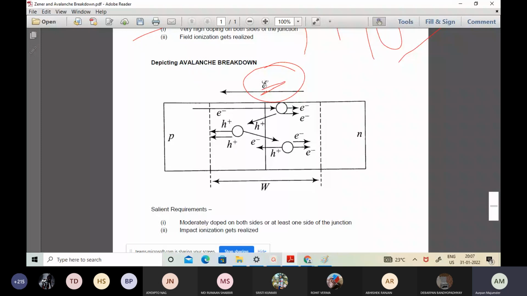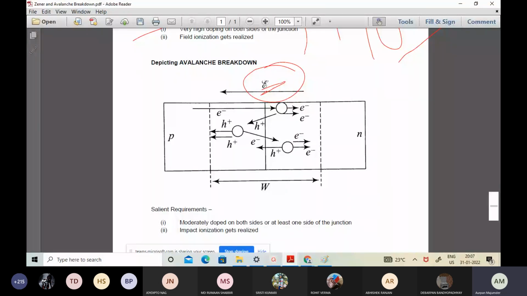Now when it traverses through the depletion zone, what does really happen? This energy is sufficient enough to bombard the neutral atoms present in the depletion zone. And what is the effect of this bombardment? The electrons become free, and it creates an electron-hole pair in the energy band diagram.